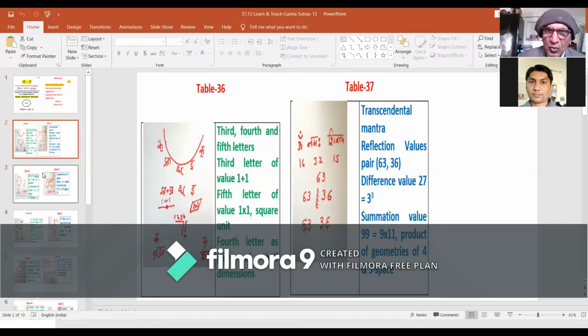Therefore, Om Namah Shivaya is the transcendental mantra which deserves to be imbibed fully. The formulation Om is of TC value 16, the formulation Nama is of TC value 32, and the formulation Shivaya is of TC value 15, making a summation value 63, and 63 constitutes a reflection pair with value 36.